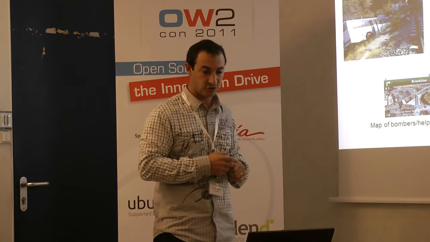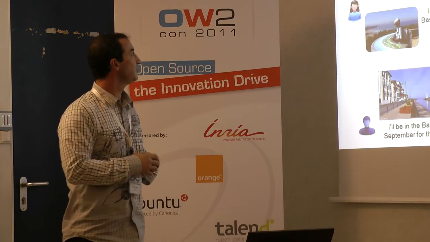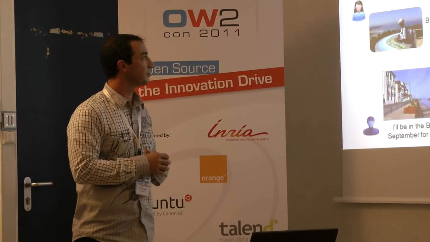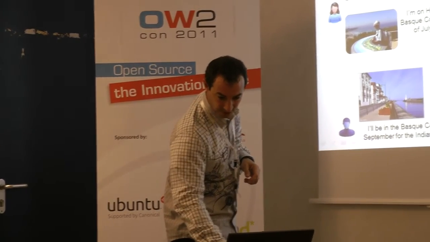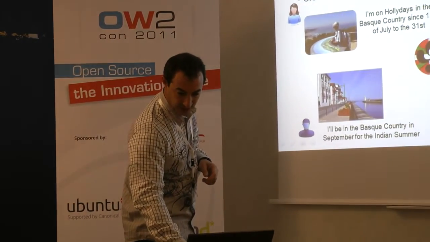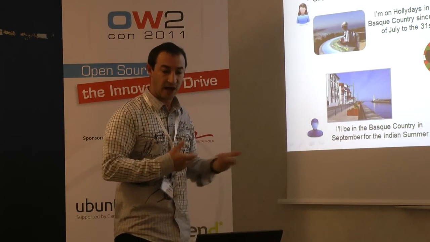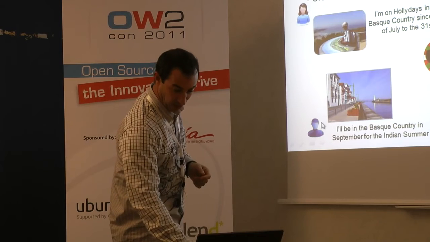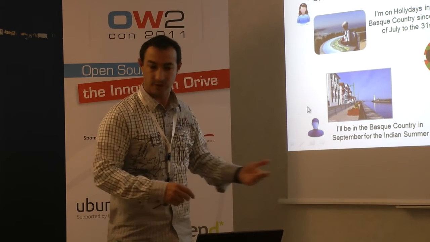injured persons, for example. And Kalimucho can also be used for the creation of a spontaneous community. For example, if there are persons doing an exhibition in the Basque Country, and another person gives the information, I live in the Basque Country, and another person gives the information, I'll be in the Basque Country.